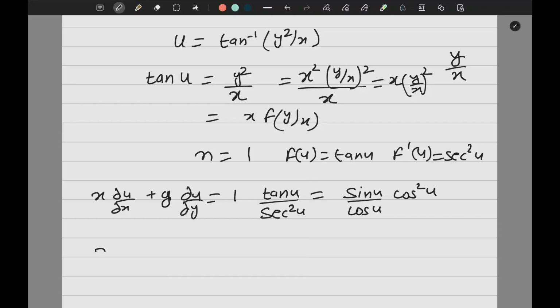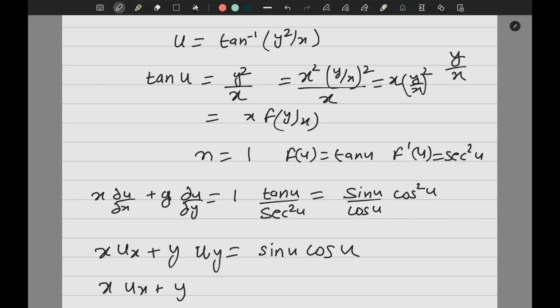Right? So x ∂u/∂x is also written as u_x, y u_y, so x u_x plus y u_y is equal to sin u cos u. So I can write x u_x plus y u_y is equal to 1 by 2 sin 2u, because I know that 2 sin u cos u is sin 2u. Just multiply and divide by 2 and you write this. So you can reduce like this. Though here only you got the answer, but this is only the way to reduce it, right? So same way, you can do this question also.